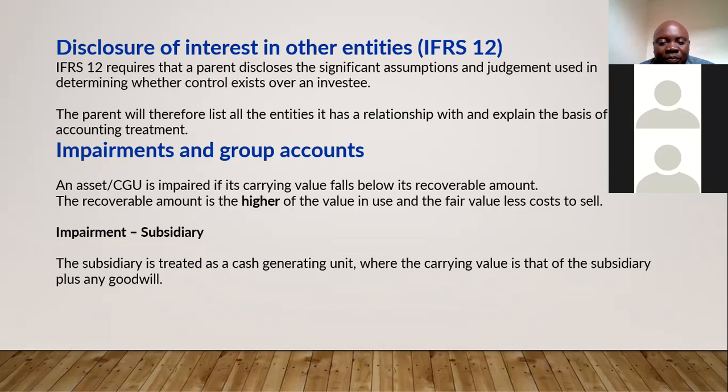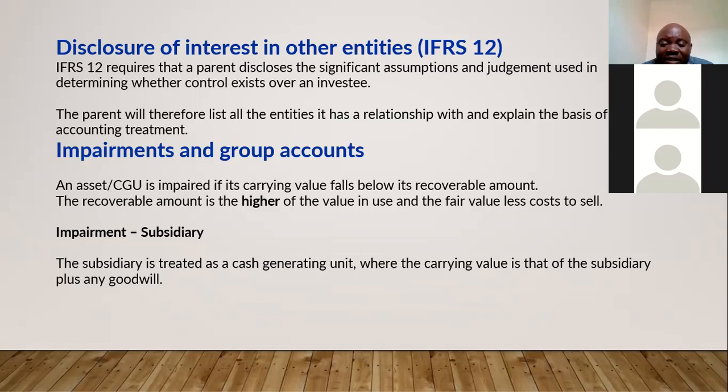So you can see it from a practical point of view. These disclosures are guided by IFRS 12, and you need to know them in case the examiner asks a theoretical question on IFRS 12. You'll be in a better position to explain it because you're only looking at the disclosures of interest in other entities.